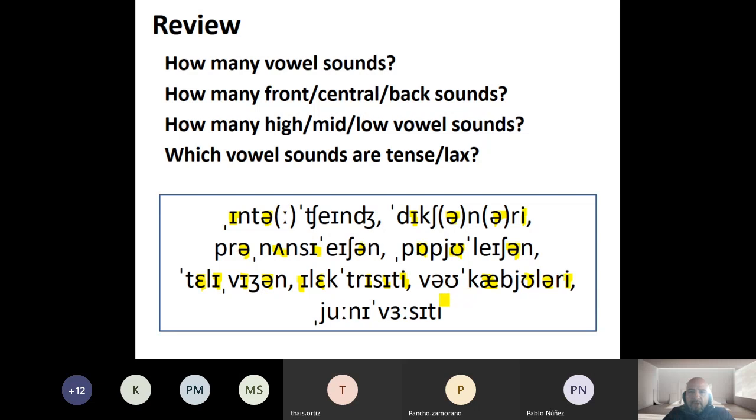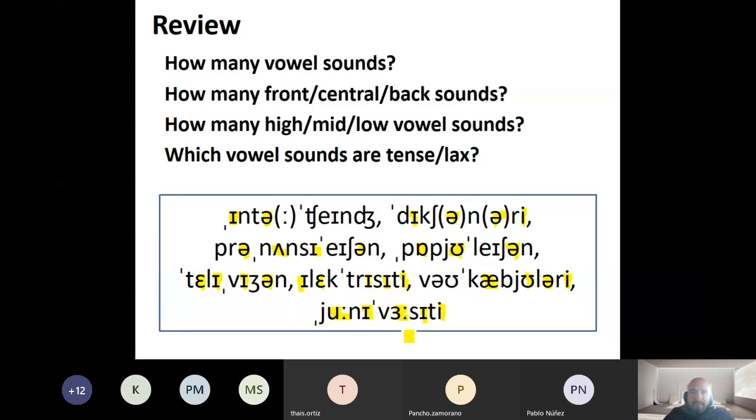This one is a diphthong, as we will see in a few minutes. And finally, the word university contains one monophthong, a second one, another one more, and the last one. So this word university contains 5 monophthongs.